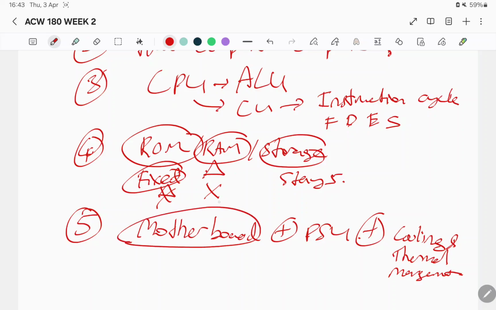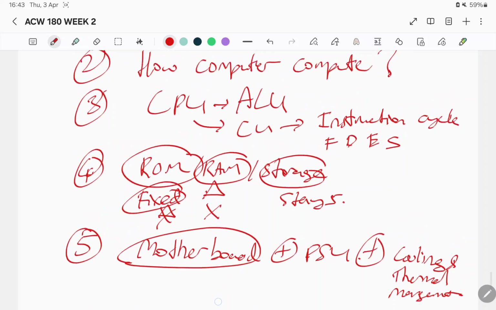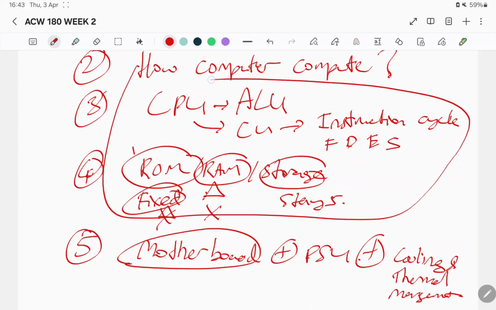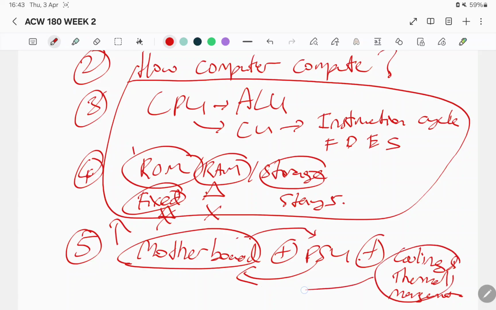This one is central to everything. Basically, it sticks everything together. The power supply powers this one, and of course it also sticks this together. Then you want this to cool down this one.